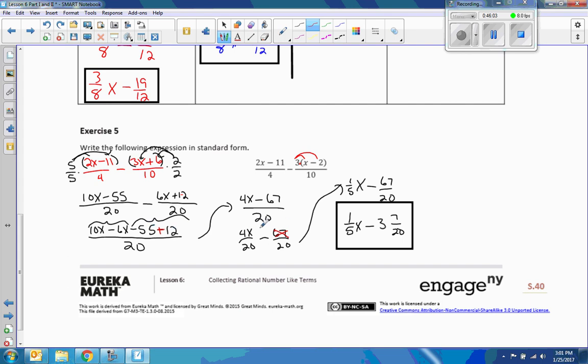So negative 55 plus 12 is negative 43. And that will change this answer right here. Just the last piece was wrong. So it's negative, 20 will go into 43 two times with a remainder of 3. Sorry about that, but it's always good to check when you're done.